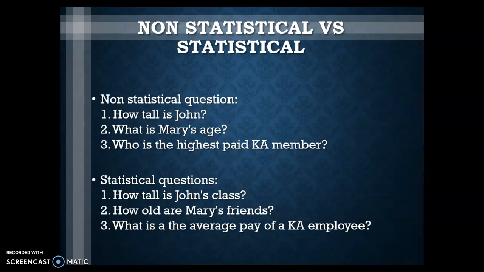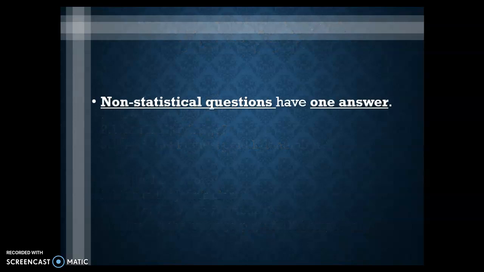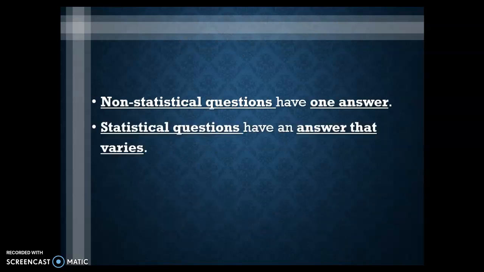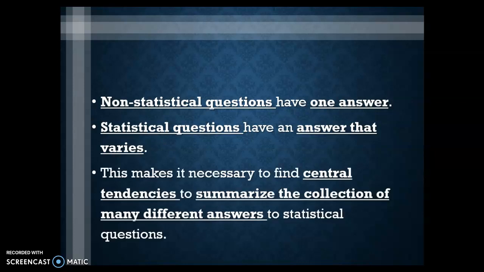We're gathering a lot of information about a population or about a sample, like how tall are the people in John's class, what's the average height for John's class, how old are her friends or the average age of her friends, and what's the average pay of an employee. So they're gathering a lot of this information and not just one person's definitive answer or number. So non-statistical questions have one answer, while statistical questions have an answer that varies.